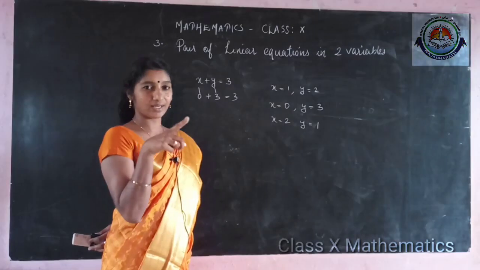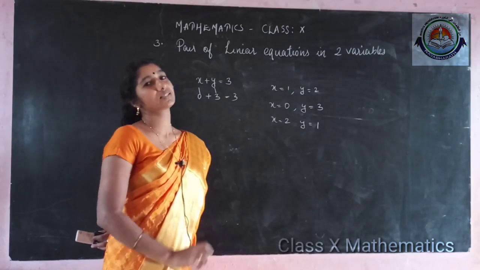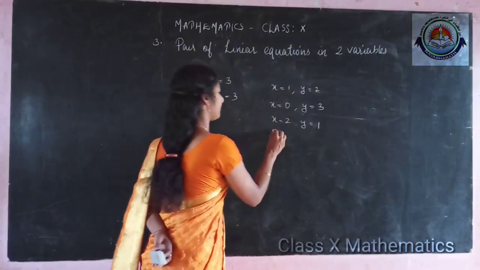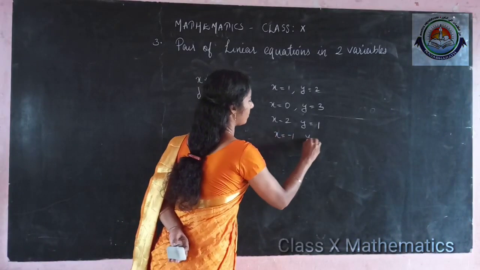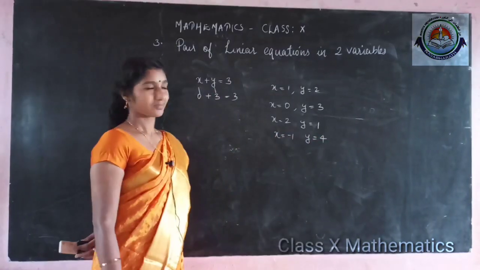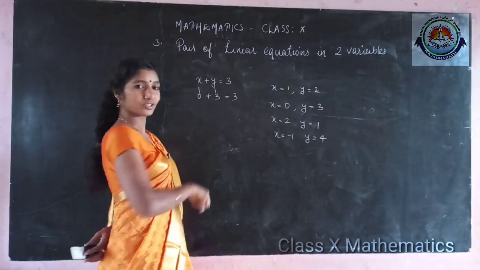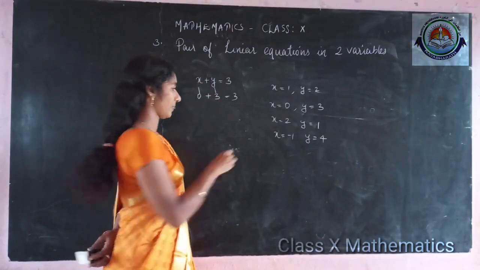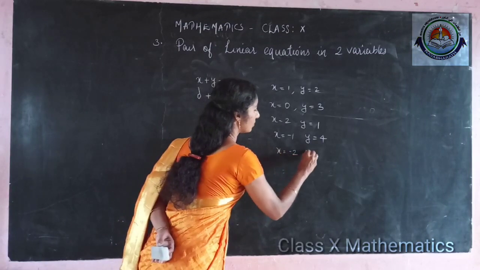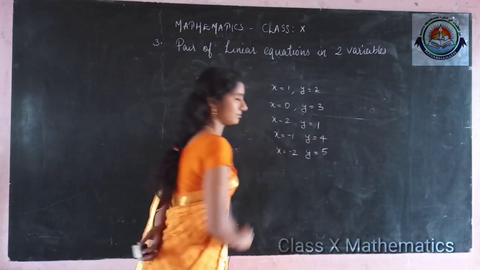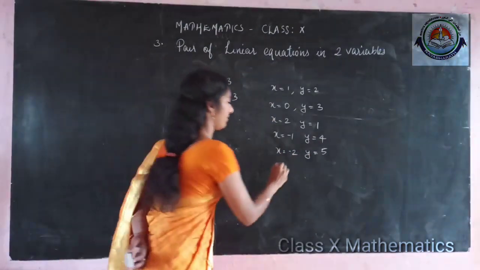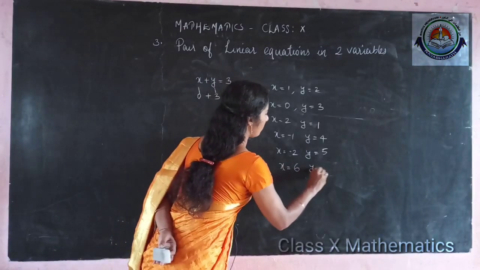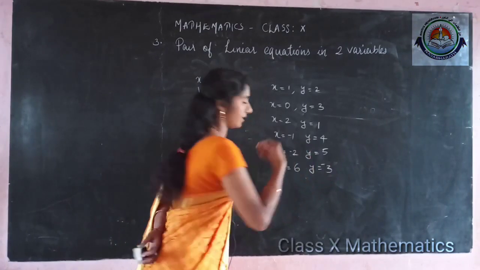So x value 2 and y value 1 also satisfy this equation. Another one, x equal to minus 1, y is equal to 4. Minus 1 plus 4 is equal to 3, which also satisfies the equation. When x equal to minus 2, y is equal to 5. Another solution, when x equal to 6, y is equal to minus 3.